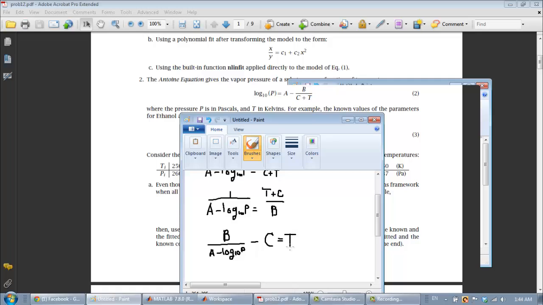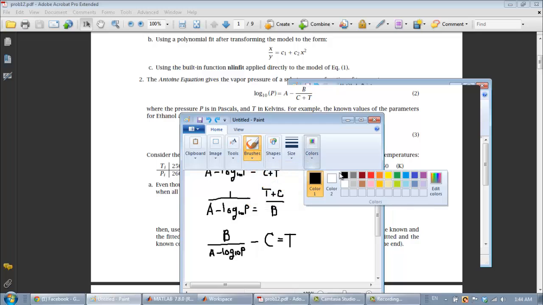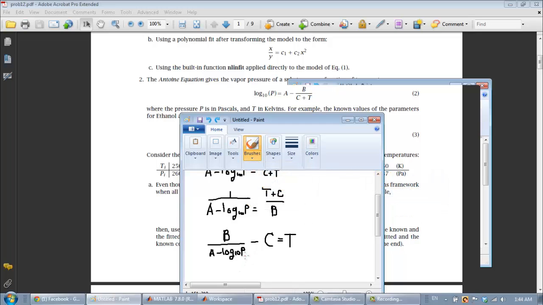Well, as previously, your dependent variable is actually going to be your independent variable in this case. So remember, this entire expression down here in the denominator is known. So we have values of pressure and we have a.